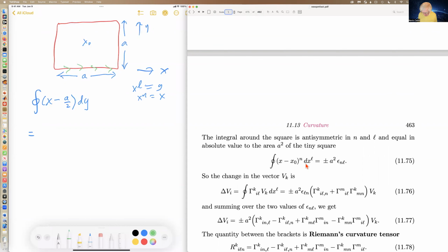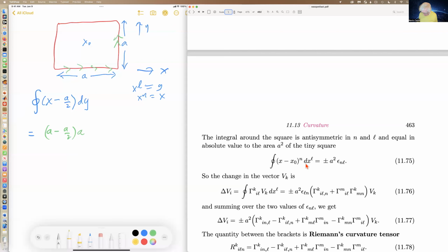And what is x? Let me try to get this straight. We're integrating dy, so we're going up the y-axis, and on that y-axis, x is equal to a. So this is a minus a over 2, and the integral of dy is a.